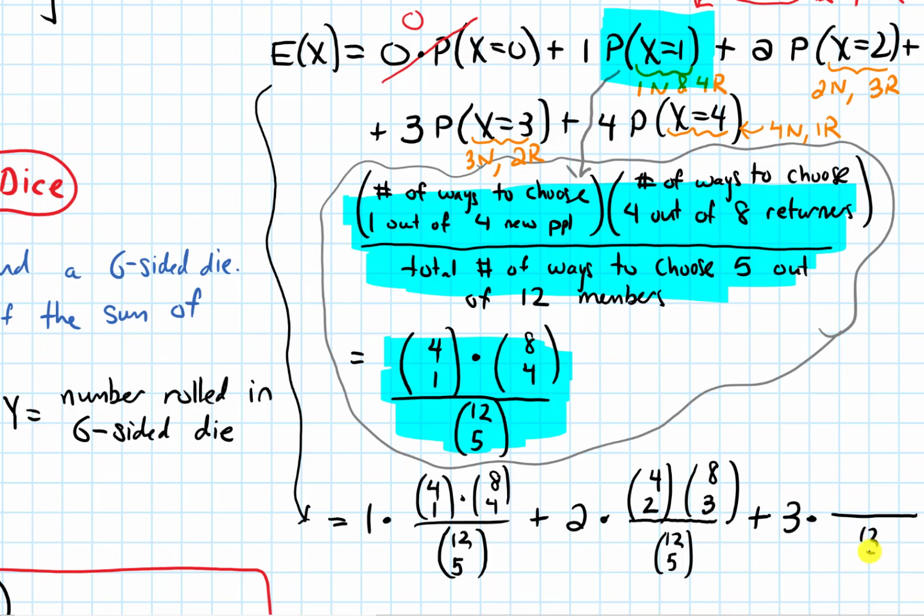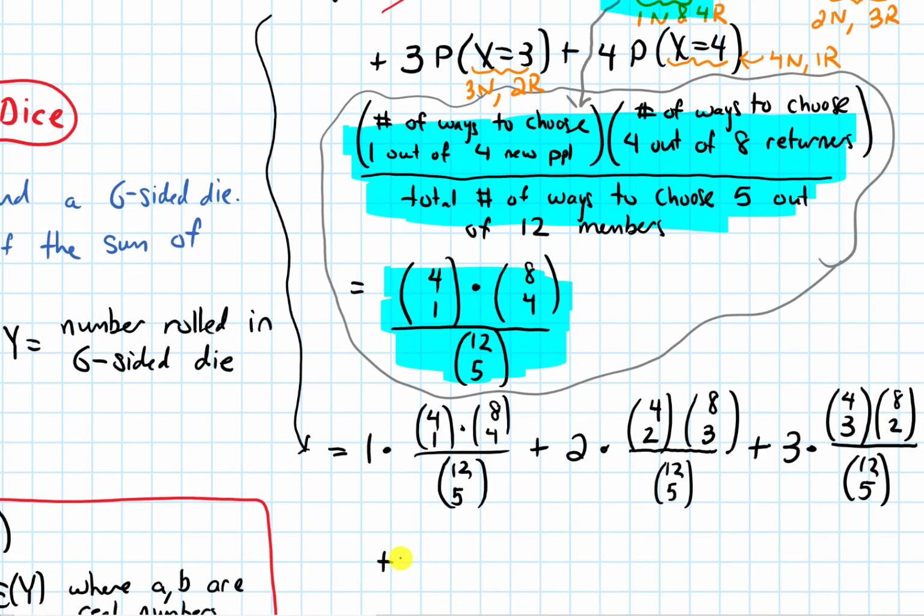The denominator is still 12 choose 5. That's the total number of ways to choose 5 people. And on the top, I need 2 combinations again, one for choosing newbies, one for choosing returners. I'm choosing 3 new people, so I'll get 4 choose 3, and 2 returners, so I'll get 8 choose 2.